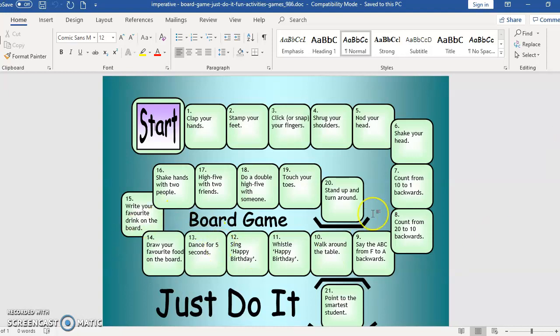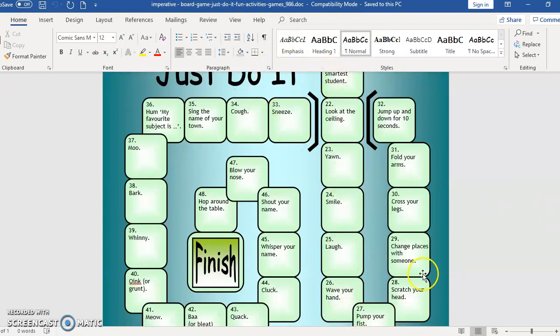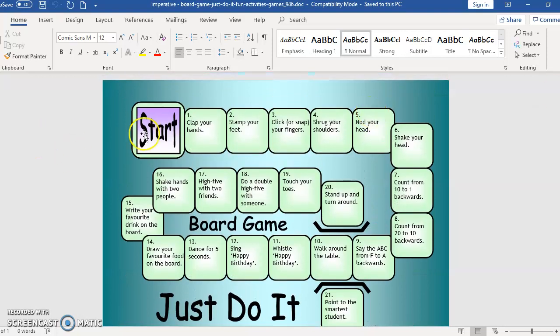If we ever get back to the classroom, hopefully in September, I will definitely play this game with you for repetition. You see, it starts here, and it has a lot of different imperative sentences of what you are supposed to do until you're here. So you need a dice, and you need a little dongle to put on here, and you start.